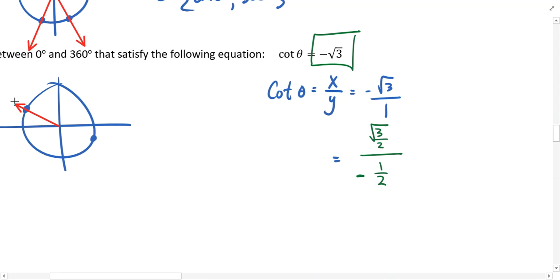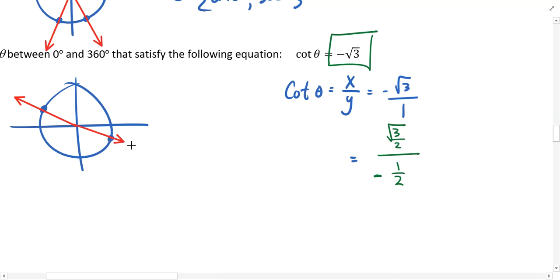And these two angle measures satisfy the criteria. This first angle is 30 degrees before horizontal, so we'll call theta 150 degrees. And this angle measured at the end here is 30 degrees before horizontal again, returning back to position 0. We can call that one 330 degrees.